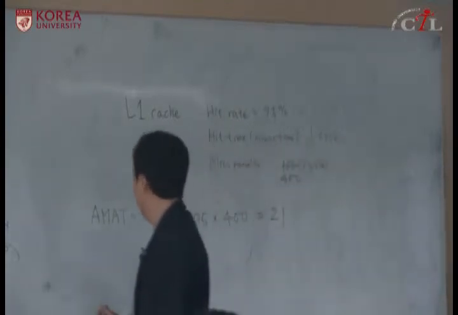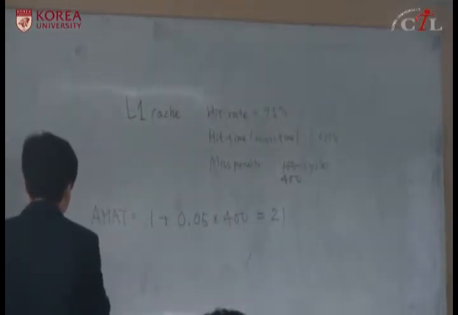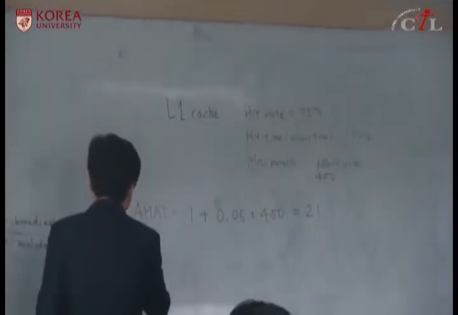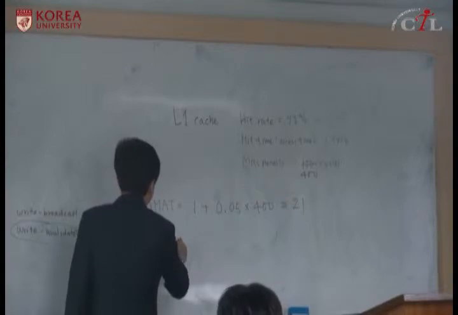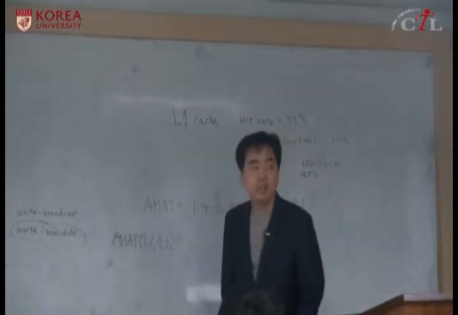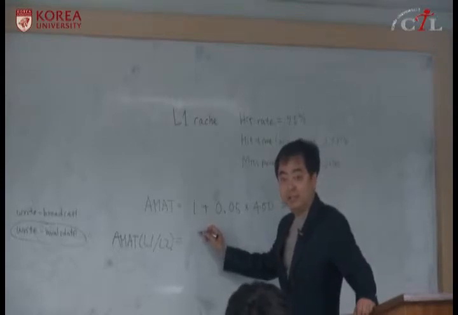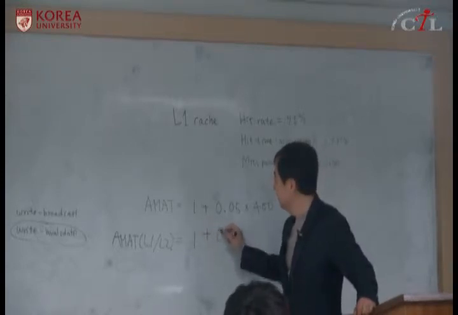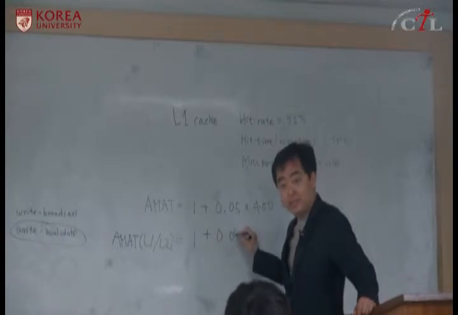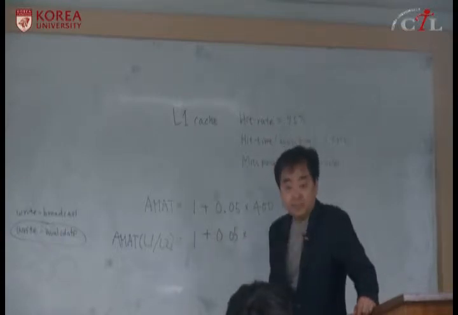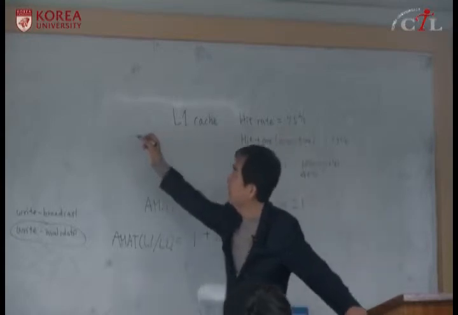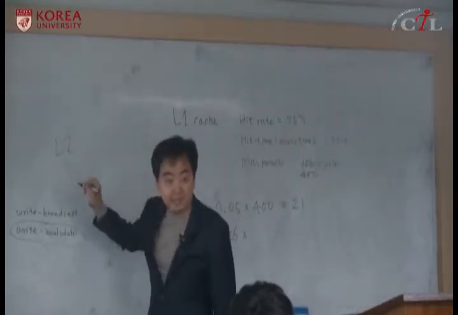Then average memory access time with L1 and L2: the setup is the same as before. The first level cache access time is the same, 1, plus the miss rate is the same. But the miss penalty is different, because you have an L2 cache.